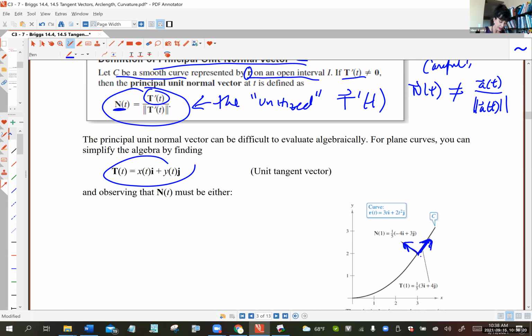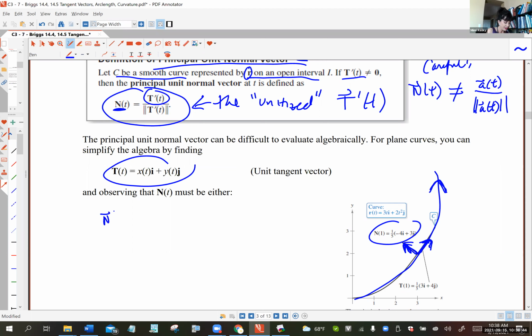It could either point this way or this way. And you always want to choose your big N so that it's pointing in the direction the curve is turning. So this curve here, if I were driving in a car, is cranking a little bit to the left with my steering wheel. So the big N points to the left, in the direction the curve is turning. Okay, so that would be your choice.